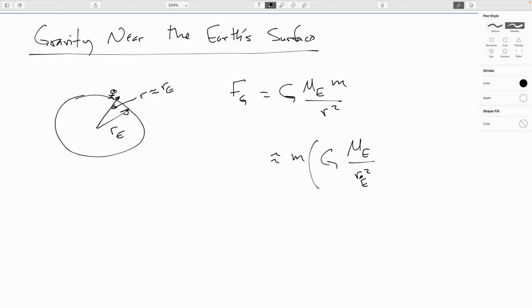Because remember, the difference between the center of the Earth to me versus the center of the Earth to the surface of the Earth is 1 meter. So that's showing up in about the 6th decimal place, and with this squared, it's going to affect things along the 12th decimal place. So not a big deal. Let's give this a name. I don't know, little g sounds good to me. So this is our gravitational field strength.